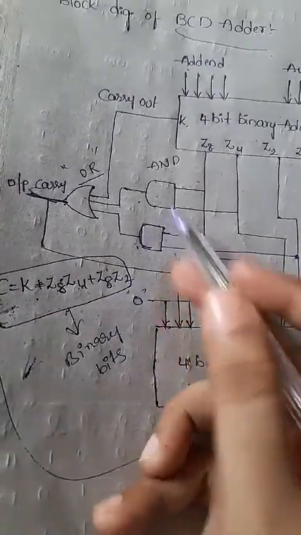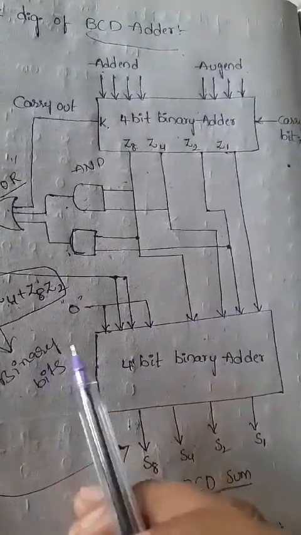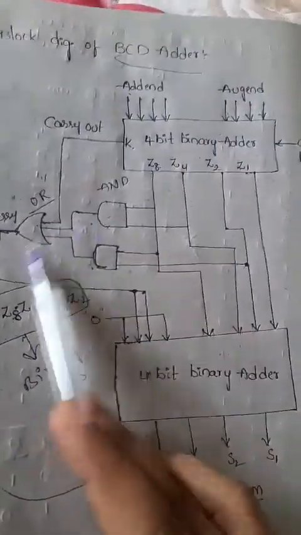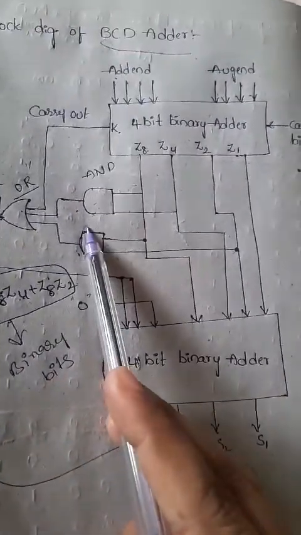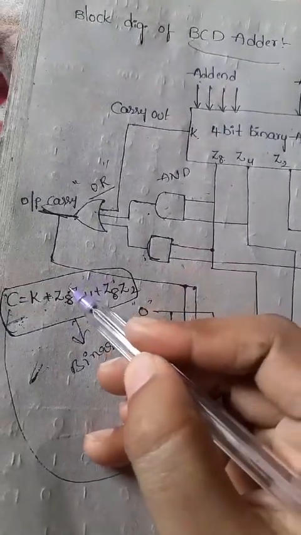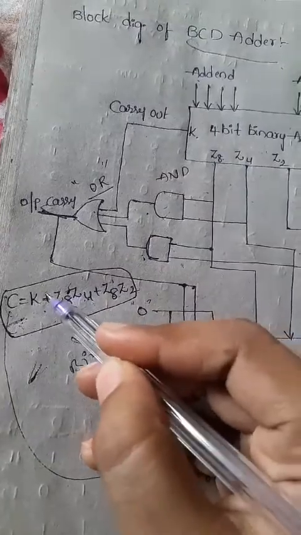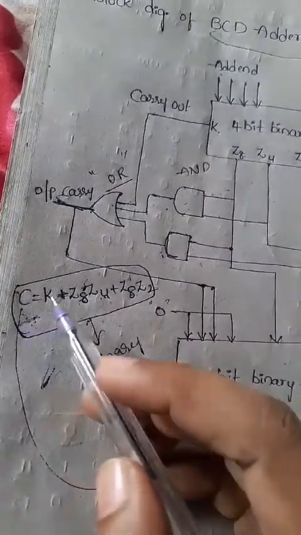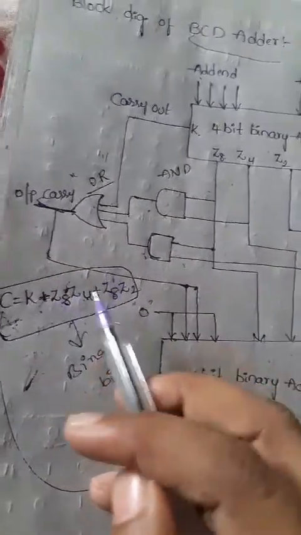For that we take two AND gates. Both addition and multiplication, that means OR and AND gates, are used in this formula. So this is the multiplication and this is the addition, which means this carry is a combination of multiplication and addition procedures.